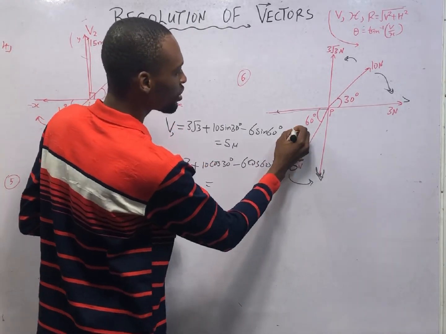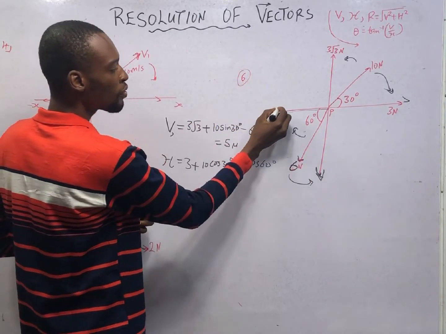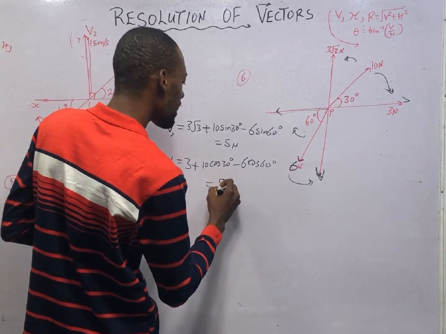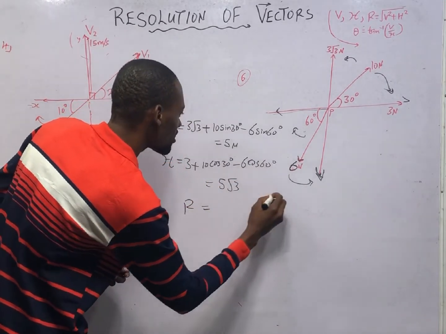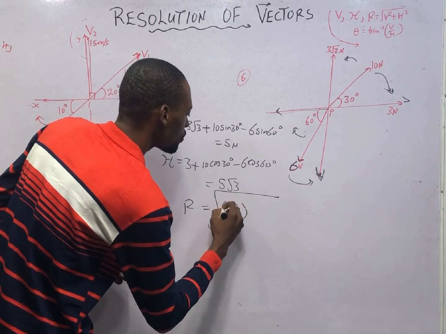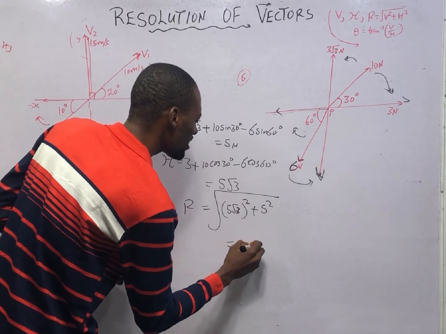So we resolve this here, it comes to the horizontal direction, but opposite to the other ones. So we subtract it. Everything here should give you 5 root 3. So the resultant is the square root of 5 root 3 squared plus 5 squared. So I got approximately 10 Newton.